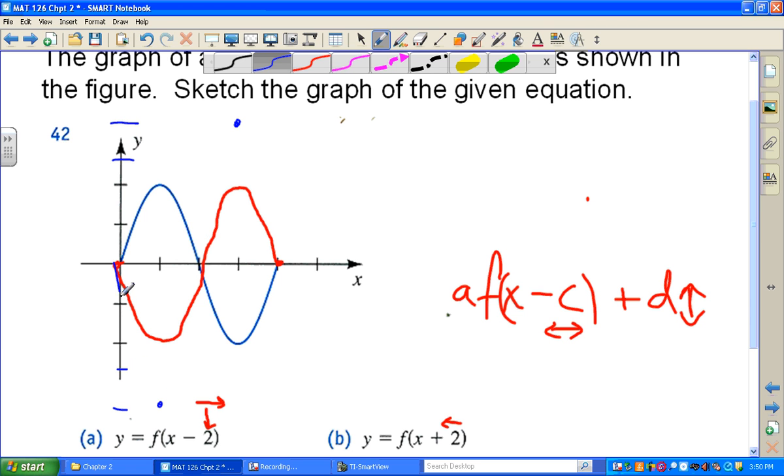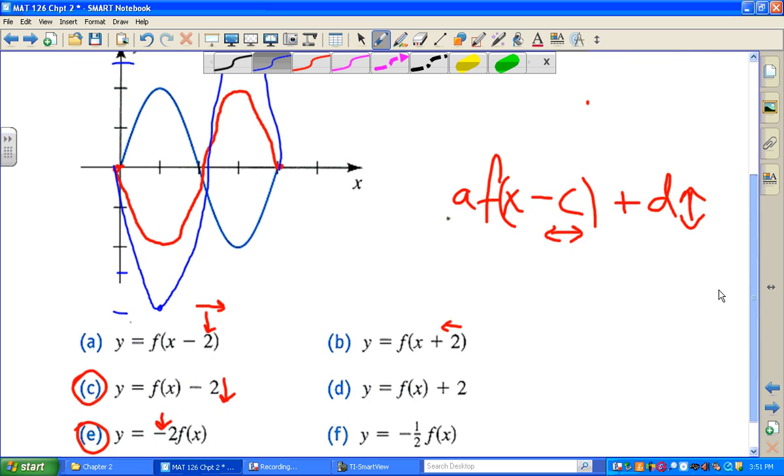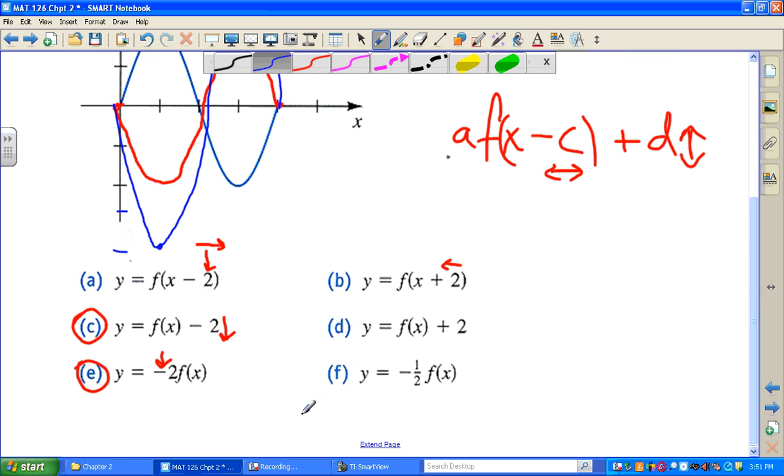So it actually comes down, hits it, bounces, goes all the way back up, and comes back down. And obviously this one's going to make it upside down, but it's going to make it wider. Instead of the high points being at 2, the high points would be at 1.